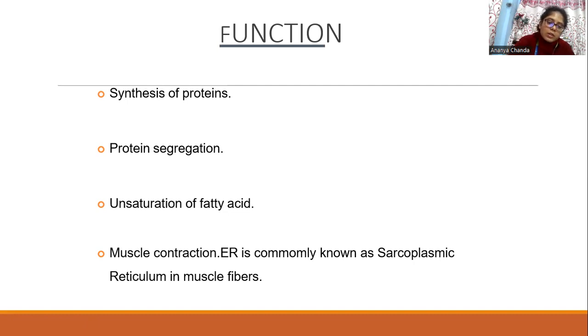This sarcoplasmic reticulum helps in what? The passage of the calcium ion. When the concentration of the calcium ion increases inside the cell, what happens? It forms a depolarization, that is, a positive potential is created.